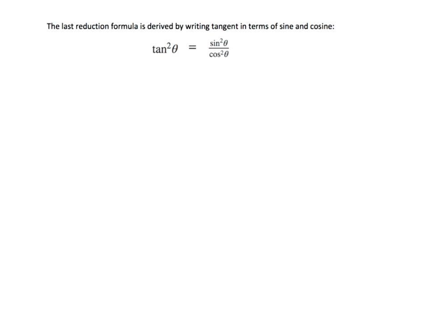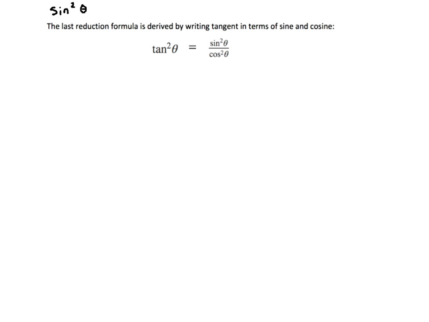And then we have tangent as well. We know that the tangent is the sine over the cosine. So I'm going to substitute for sine squared theta. I'm going to use my Pythagorean. Actually, I'm not going to use my Pythagorean identity.